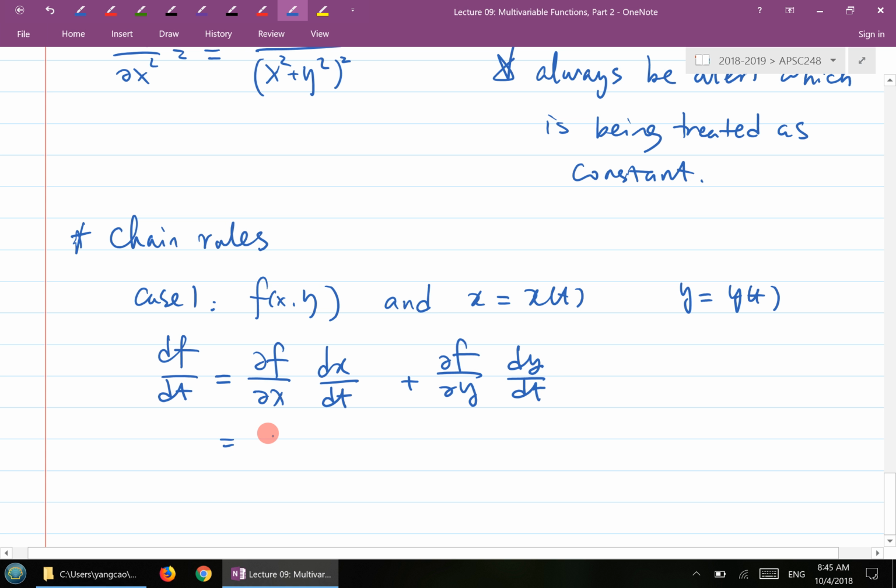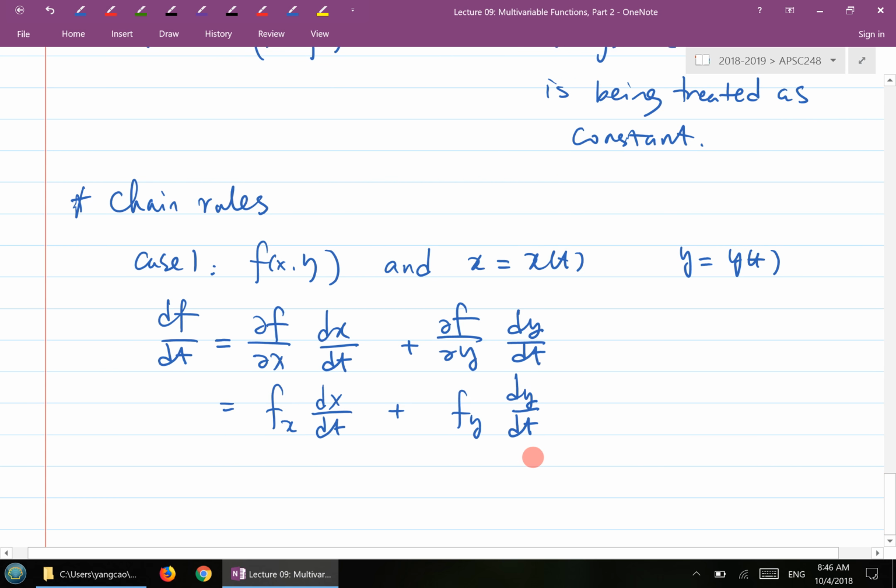Which can be simplified to a different symbol right here. I'm putting the bracket because I will write this down in future lectures. For the result here, I can also write it in dot product format.